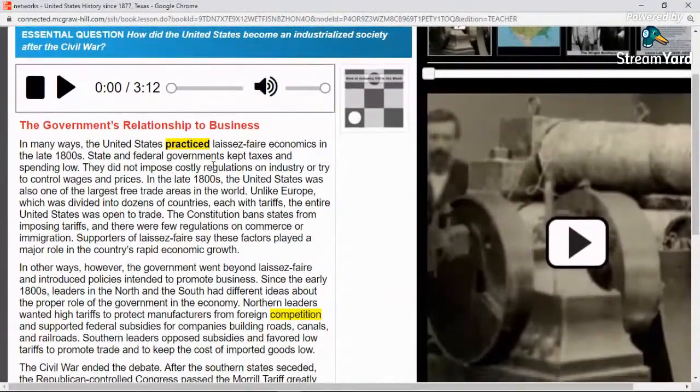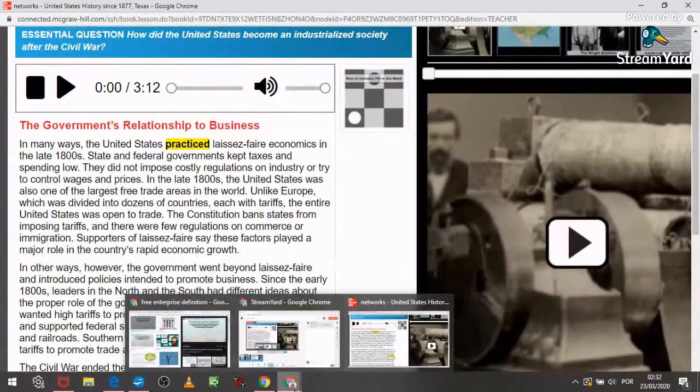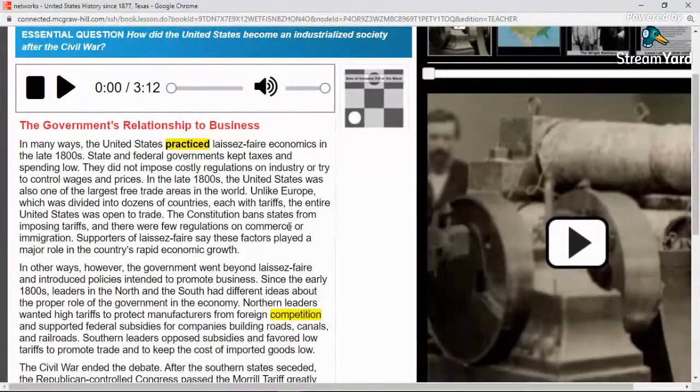There wasn't a lot of regulation on industry, so the government didn't control wages and prices. What does that mean? The government didn't control how much the company would give to its workers. So if I have a company and I want to pay you 5 reais, I can pay you 5 reais because I think that's what you're worth.